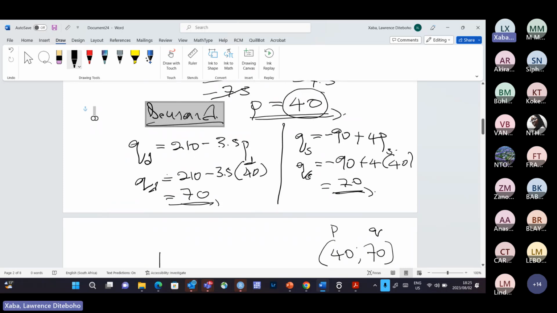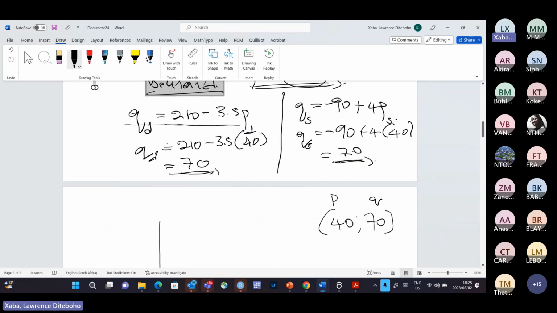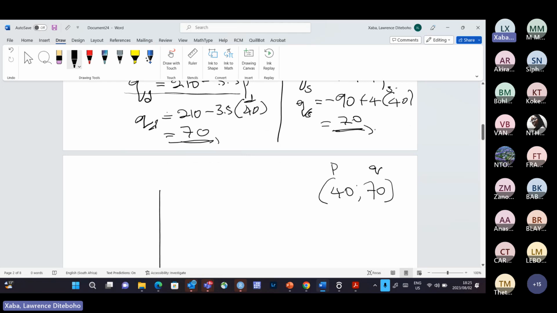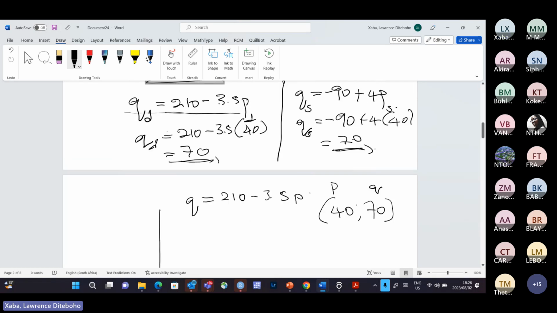So if we go back, let's look at the first equation, the demand. We have our values that represent our variables, Q and P. If we look at this equation, remember, this is our demand, which has a negative slope.